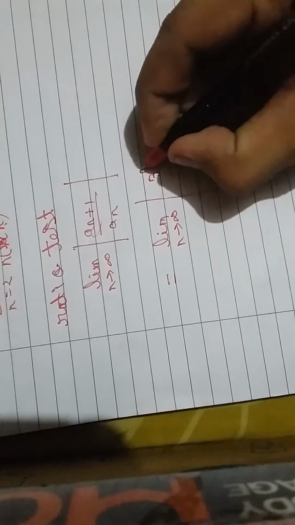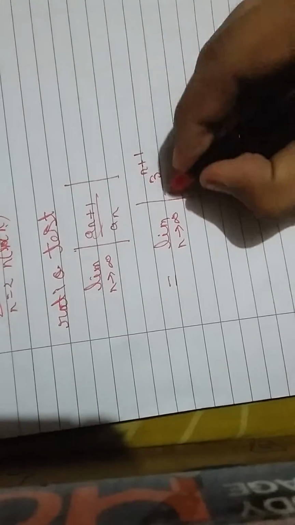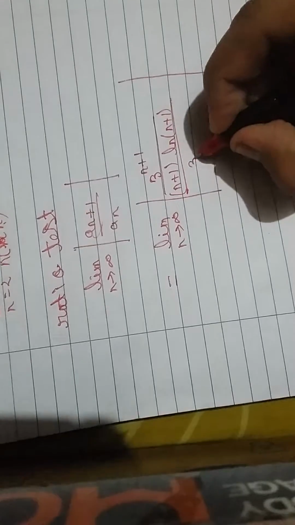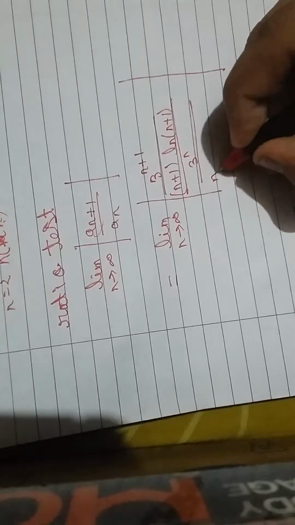Now put n plus 1 in, we will get 3^(n+1) upon n plus 1 upon an, 3^n over log n.